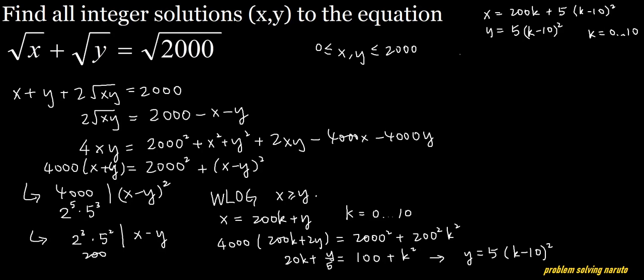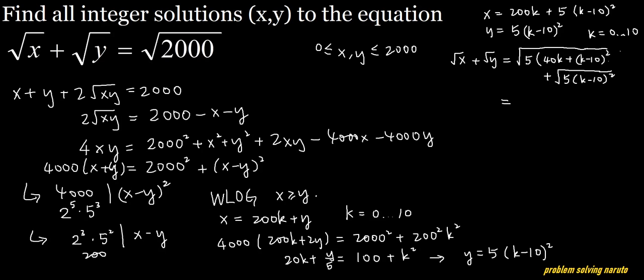So let's verify. Square root x plus square root y will be the square root of this thing. Let's factor out the 5. So I have square root 5 of (40k plus (k minus 10) squared) plus square root 5 of this.